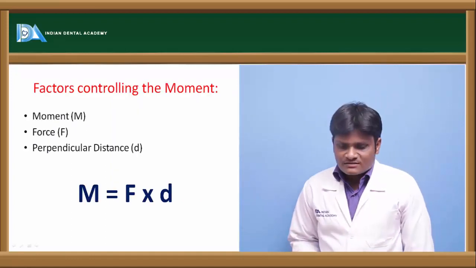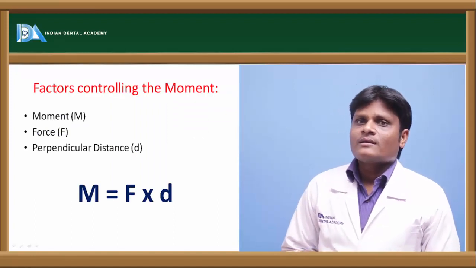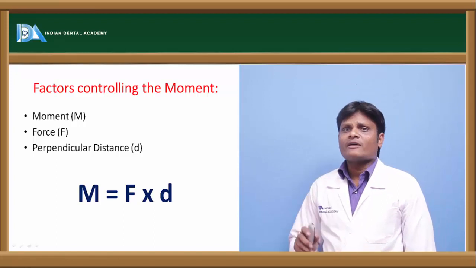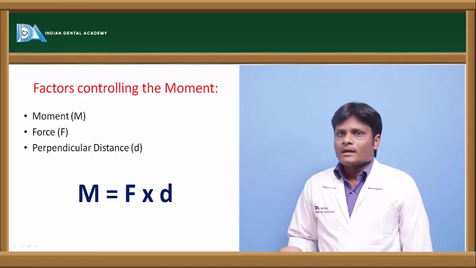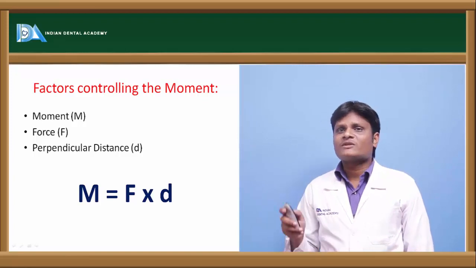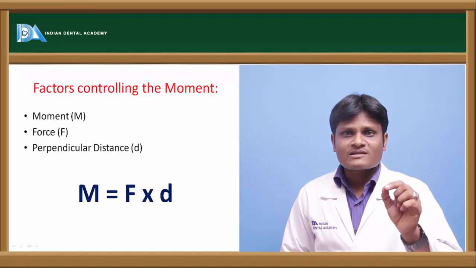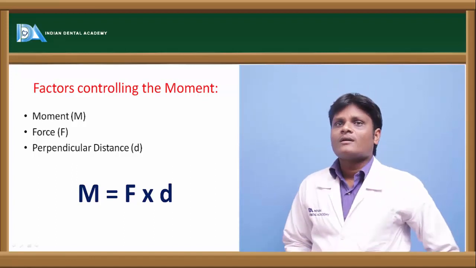Now, what are the factors controlling a moment? As I told you, moment is a rotational tendency. Here the point of force application will be away from the center of resistance. From this we can calculate a moment as force times the perpendicular distance between the point of force application and the center of resistance of a body.